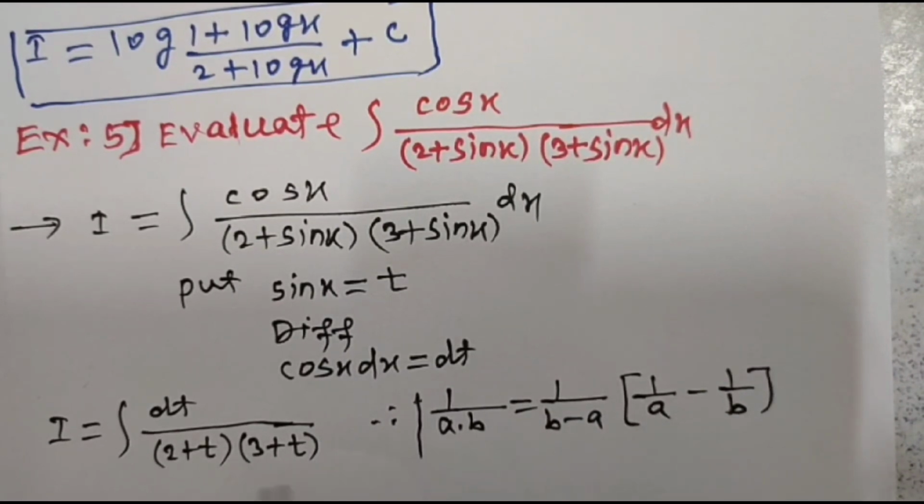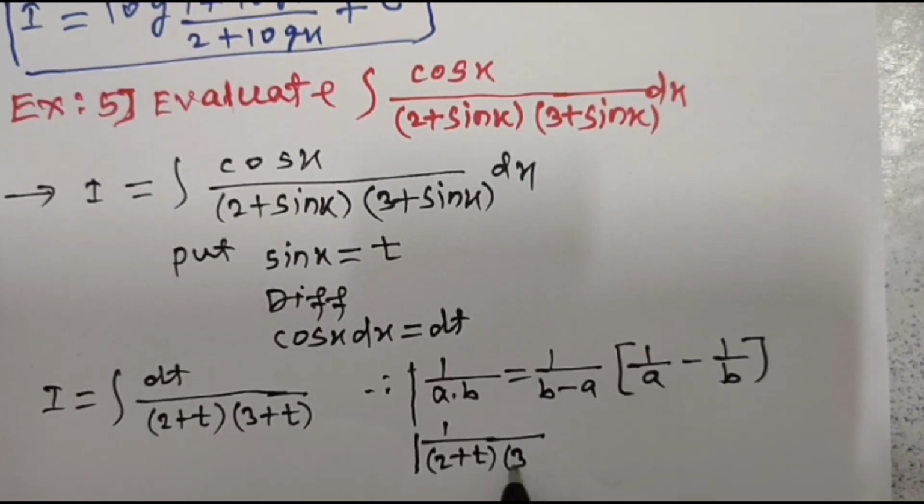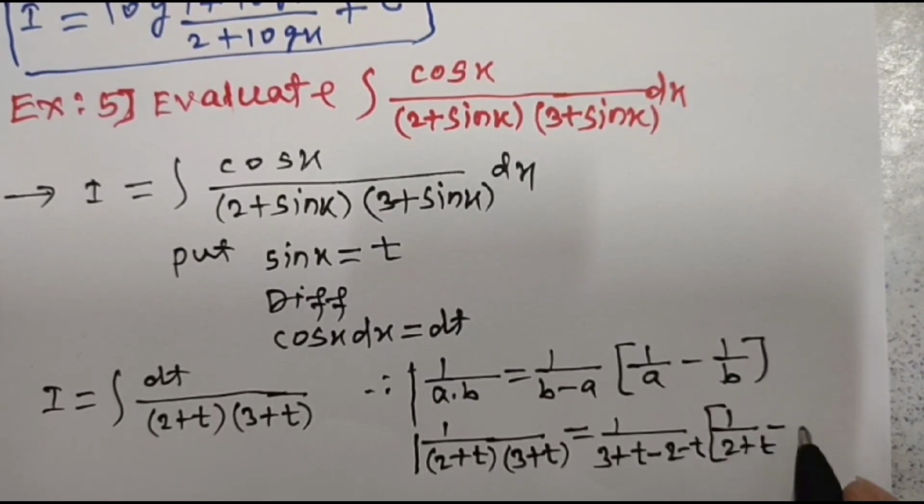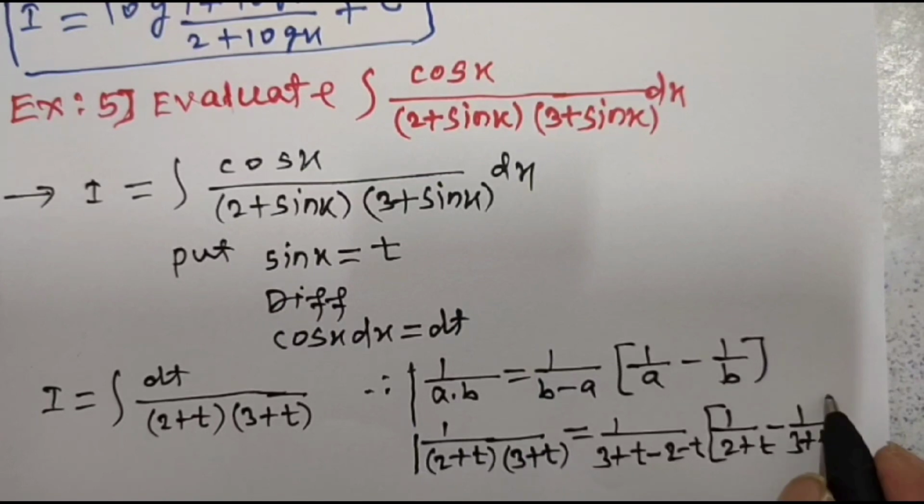A is suppose 2 plus t and b is suppose 3 plus t. Hence we can write 1 upon 2 plus t into 3 plus t is equal to 1 upon 3 plus t minus 2 minus t into bracket 1 upon 2 plus t minus 1 upon 3 plus t, bracket close.